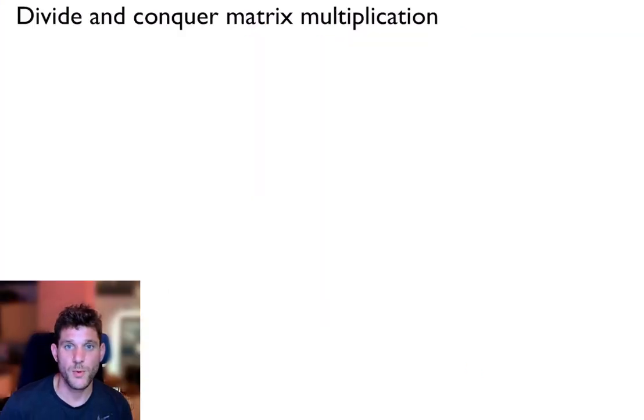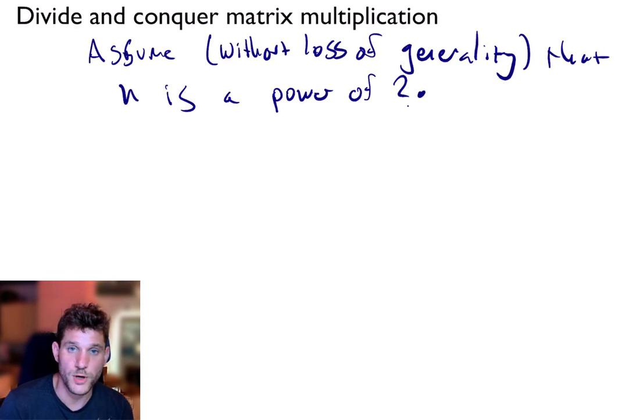Okay, so now what we're going to do is try to solve matrix multiplication using a divide and conquer strategy. We're going to assume that n, which is the size of the matrices, is a power of 2.